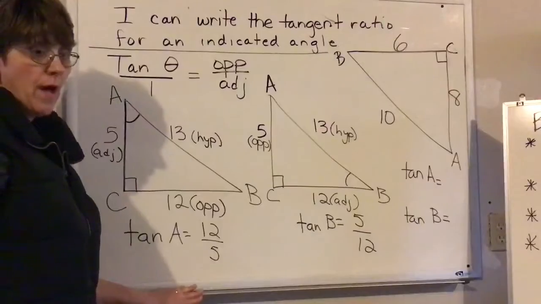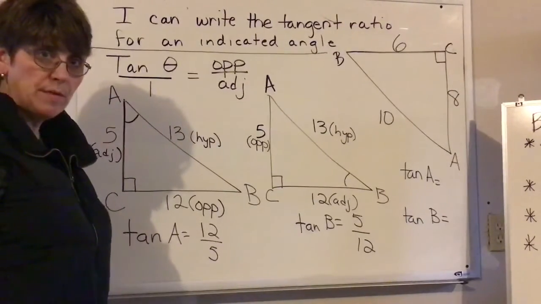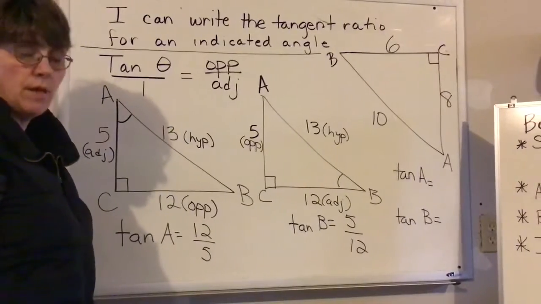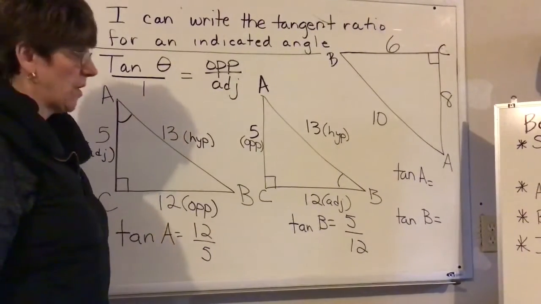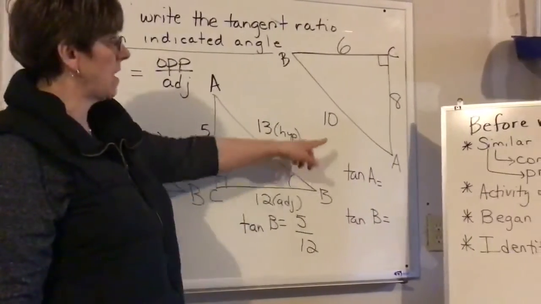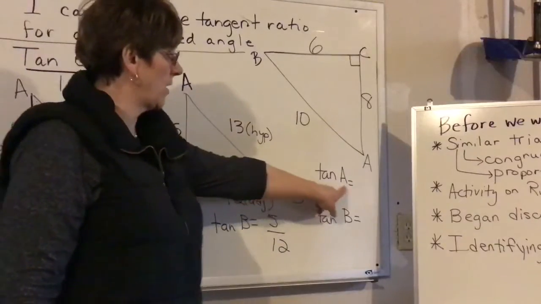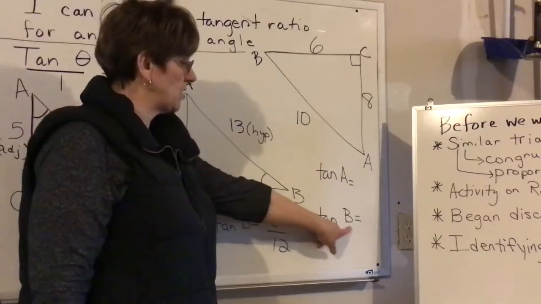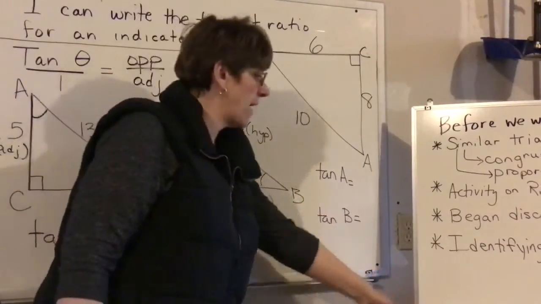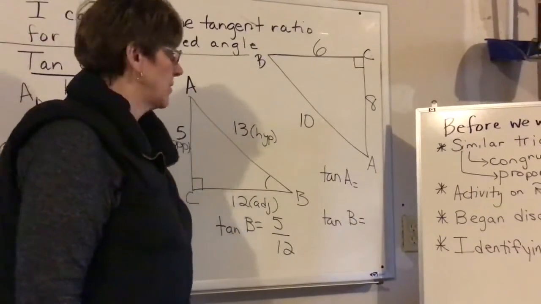So whenever you find the same trig ratio of complementary angles, you should find out that the ratios are reciprocals of each other. Same thing should happen when I come over here and find the tangent ratio for angle A and the tangent ratio for angle B. I should find out that those two tangent values are reciprocals of one another.